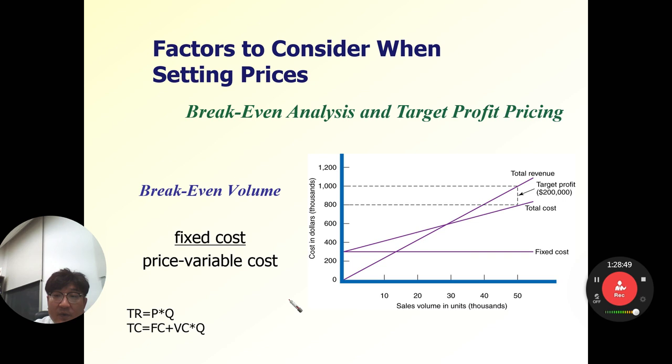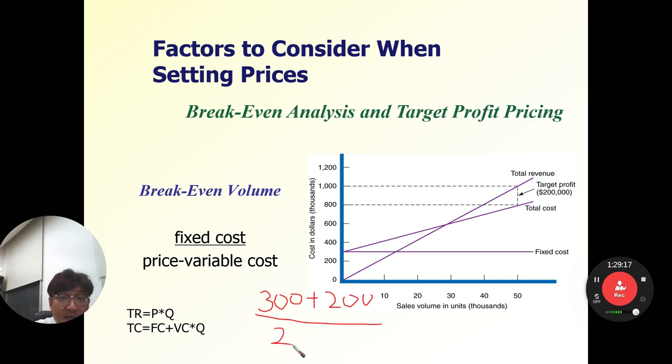What is the fixed cost? Again, let's forget about the 1,000. Say the fixed cost is 300, plus the target profit of 200, but let's forget about the 1,000, divided by the contribution margin.